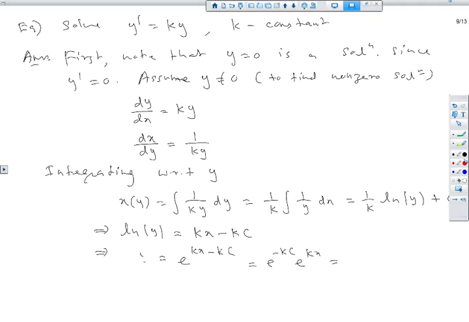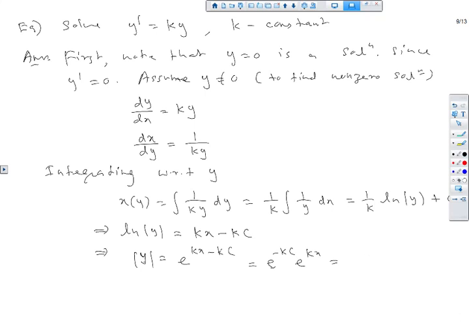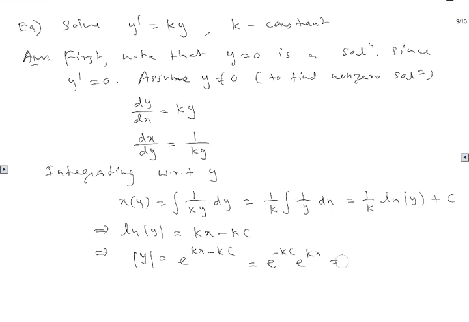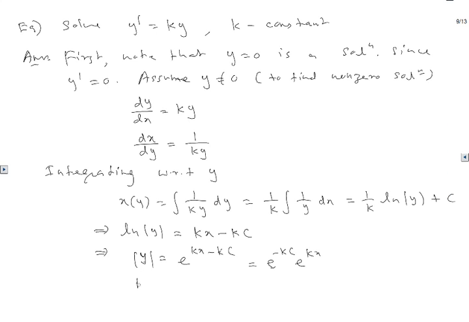So we have absolute y equal that. Now we're gonna remove the absolute sign. Once you remove it, you're gonna get y equal plus or minus e to the negative kc times e to the kx.